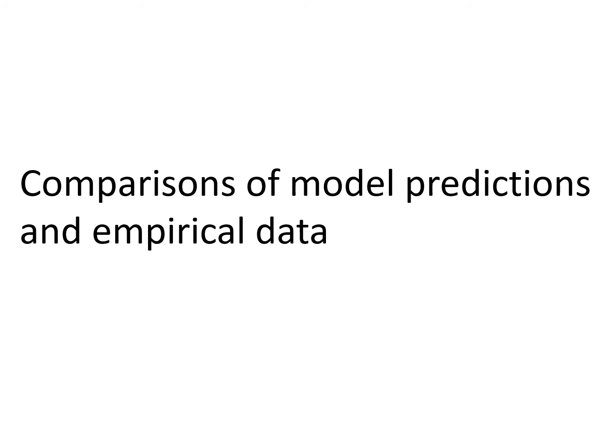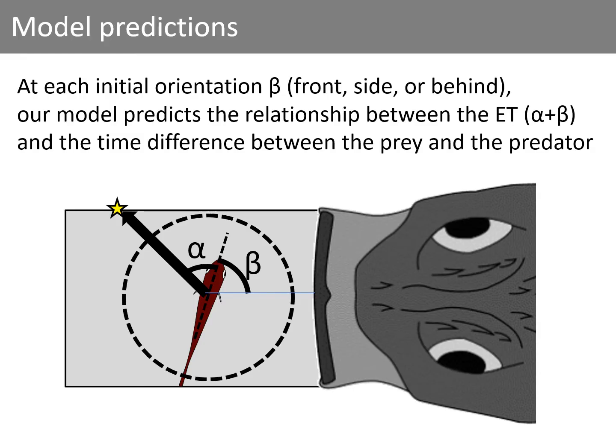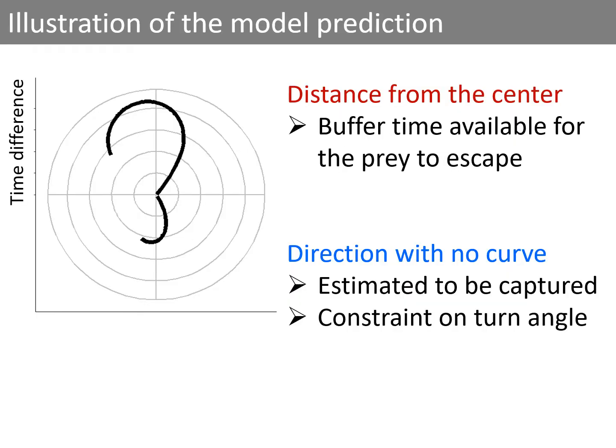Comparisons of model predictions and empirical data. At each initial orientation, front, side, or behind, our model predicts a relationship between the ET and the time difference between the prey and the predator. Before going to the model output, I would like to explain how to read the graph.